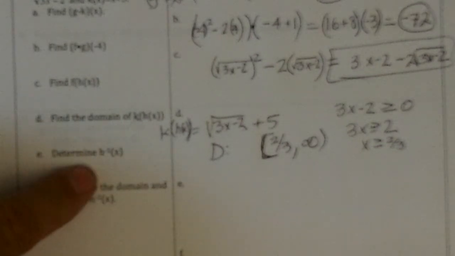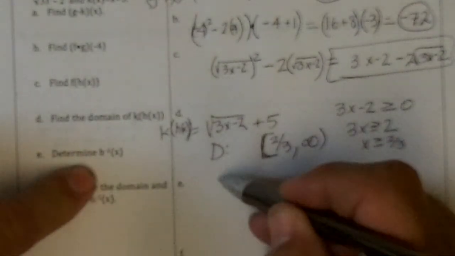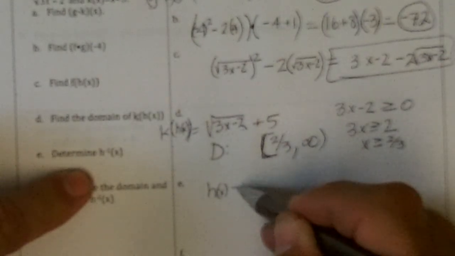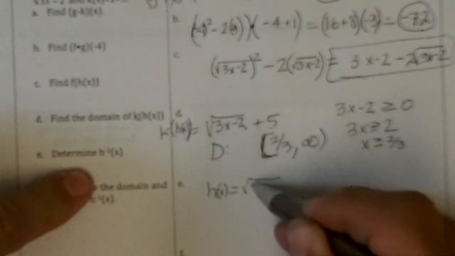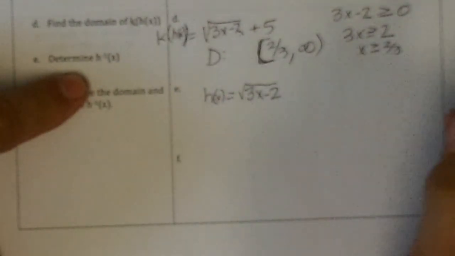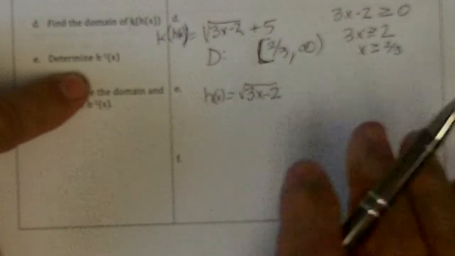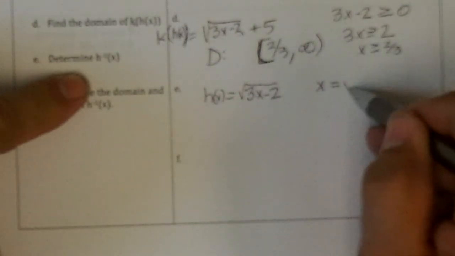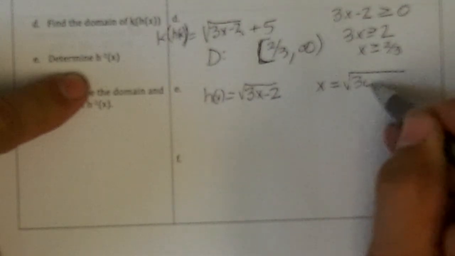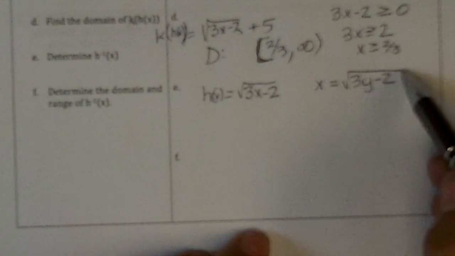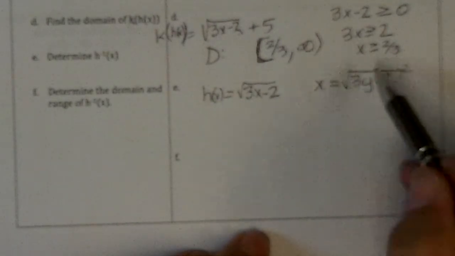h inverse. So h of x, I'll write that down, h of x is the square root of 3x minus 2, so that's the y, that's the x, swap them to find the inverse, so x equals the square root of 3y minus 2. To solve for y, I have the square root on everything, so square it to get rid of it.